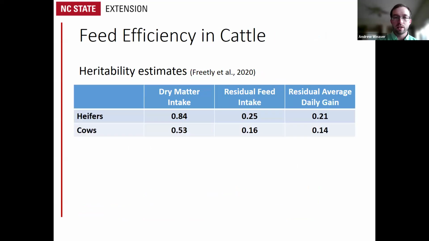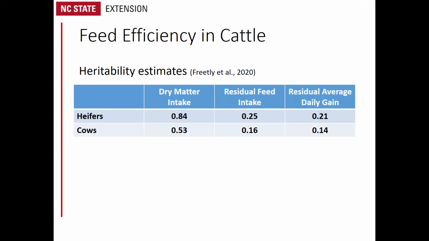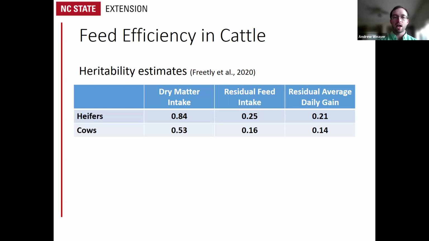So what do we know in the cattle industry so far? Heritability estimates. What is that genetic component for these different traits? And how might they differ between heifers, that growing animal, versus cows? Dry matter intake, very highly heritable in heifers, 0.84. So a lot of what determines how much a heifer eats every day is genetic.